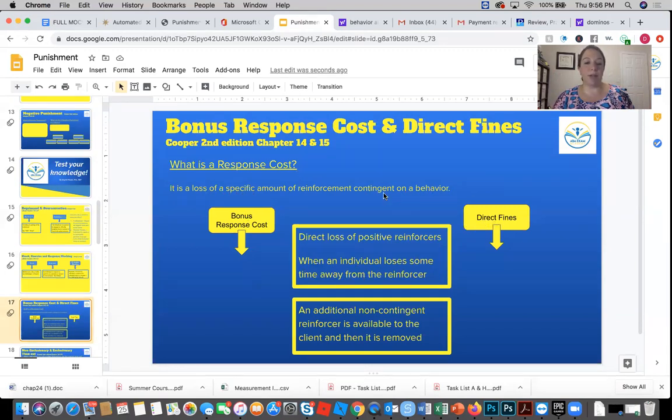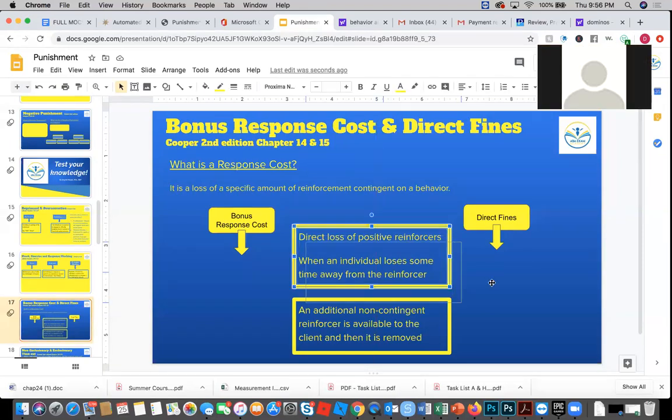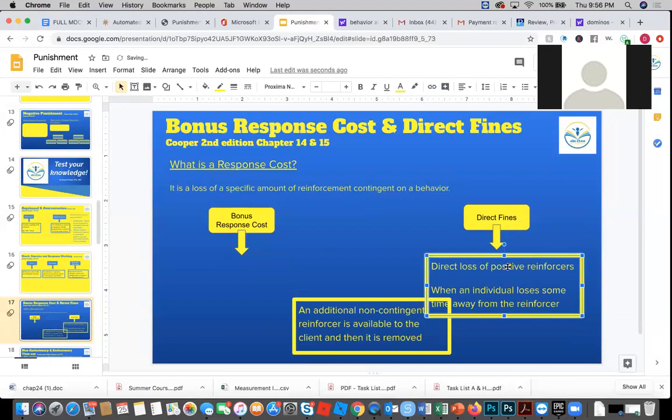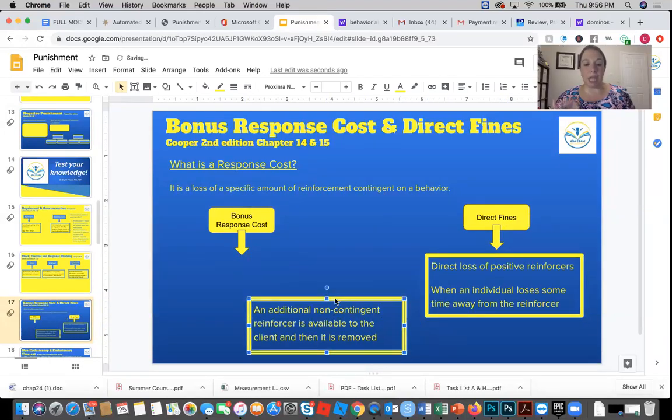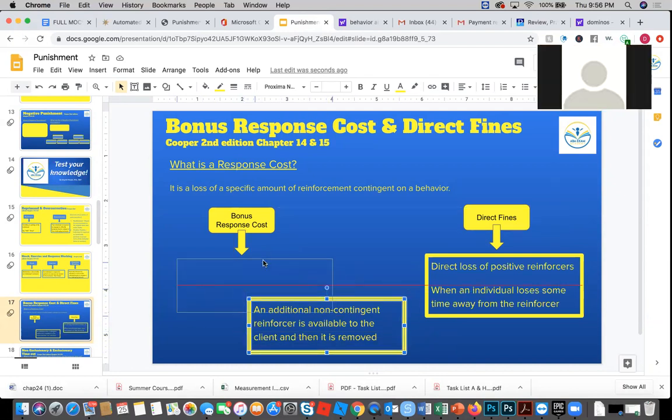Which one is it, direct fines or bonus response cost? Direct fines. Yes. And then the other one is an additional non-contingent reinforcer is available to the client and then removed. Bonus response. Okay.